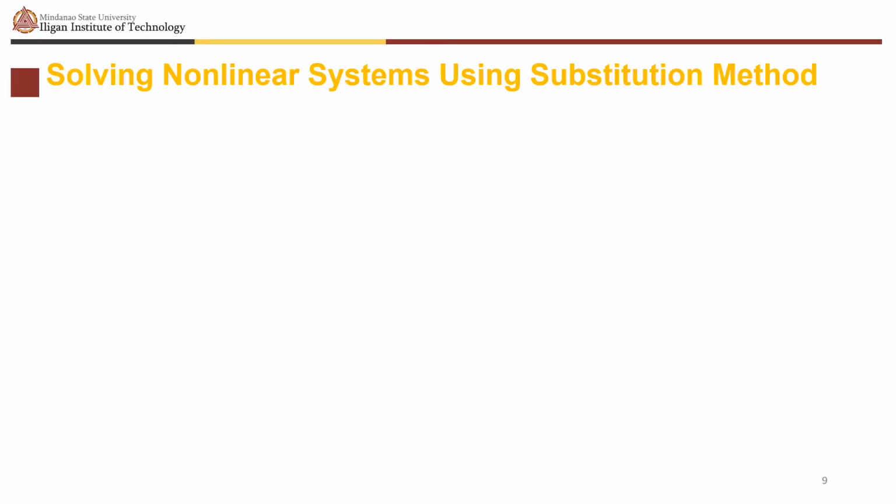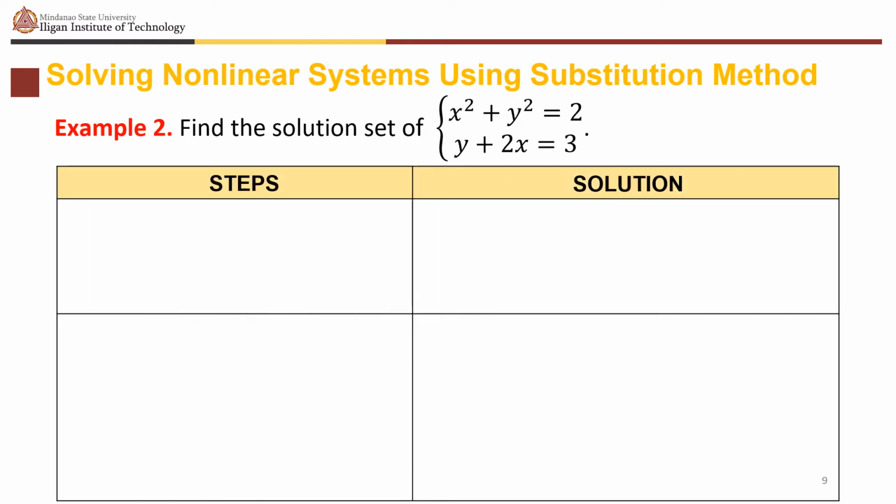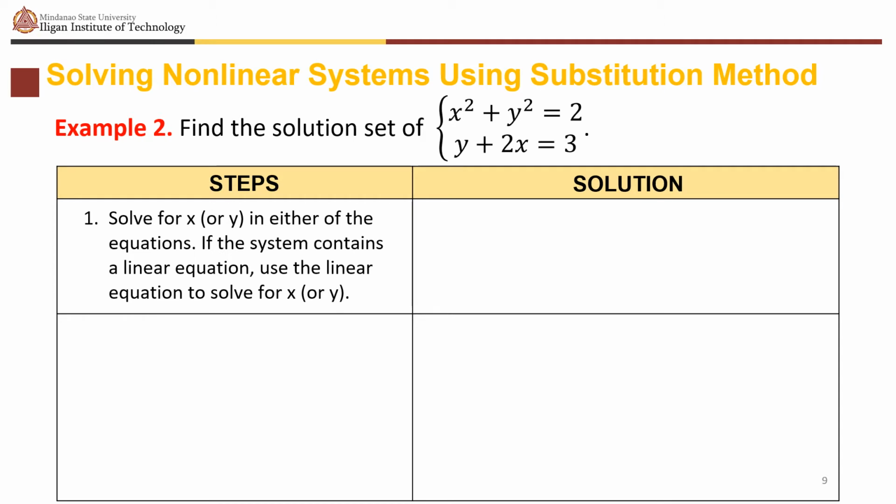So let's take another example here. Second example, we are asked to find the solution set of x squared plus y squared equals 2, y plus 2x equals 3. So the first step again would be to solve for x in either or y in either of the equations.